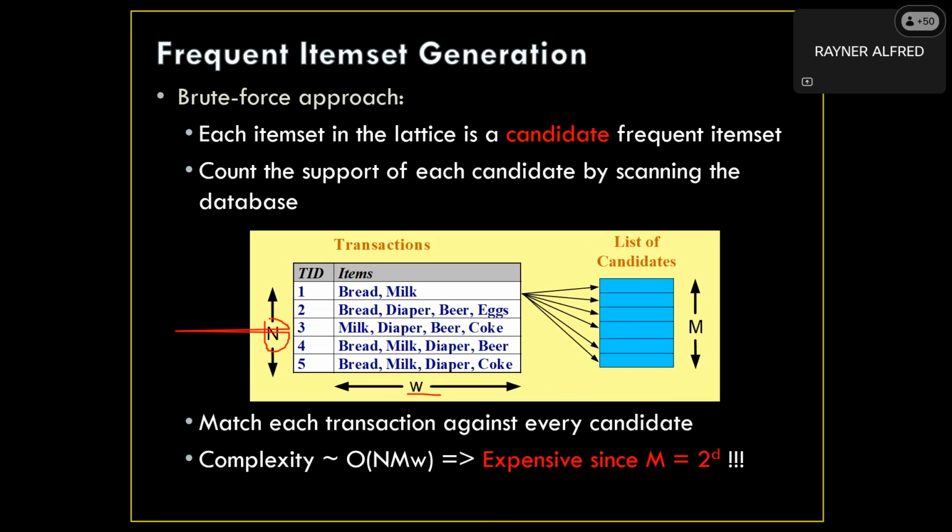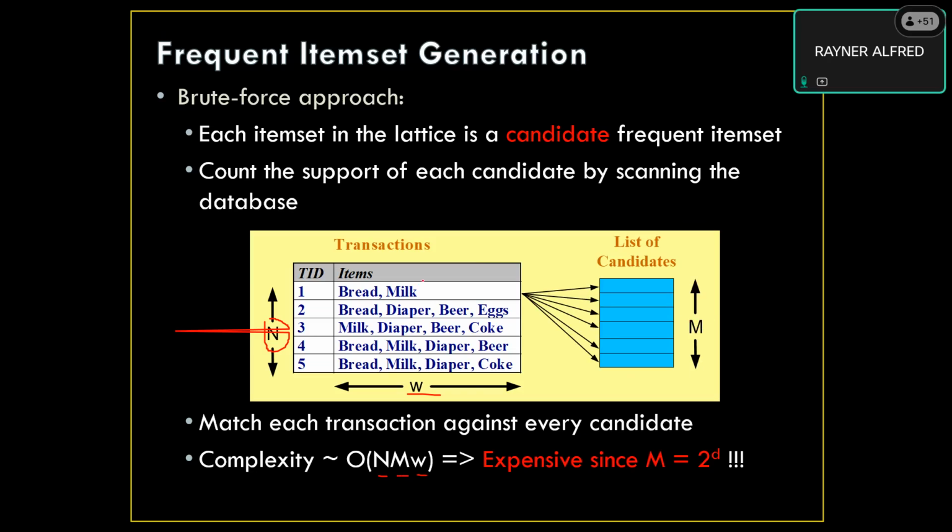So the complexity of the computation is the multiplication of n, the number of transactions, the number of itemsets, and the list of candidates for the rules that we have.